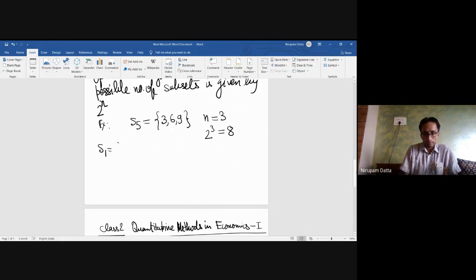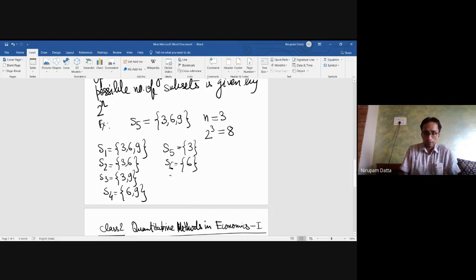So S1 = {3, 6, 9}, S2 = {3, 6}, S3 = {3, 9}, S4 = {6, 9}, S5 = {3}, S6 = {6}, S7 = {9}.